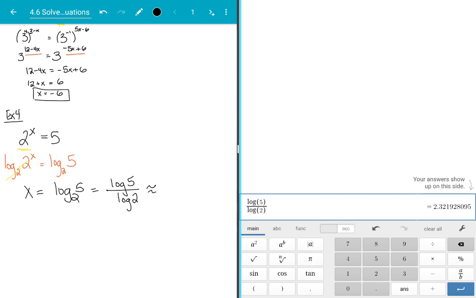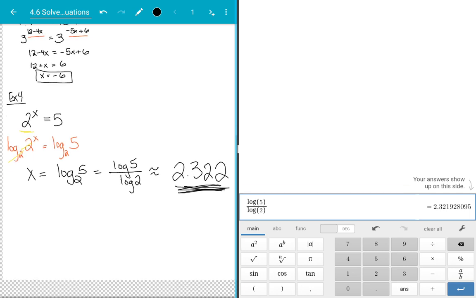So we get 2.322. All right, so there is your solution for this particular one. If we took 2 and raised it to this particular power, we'll get as close to 5 as possible. So that is the exponent that we want. That's our solution for x.